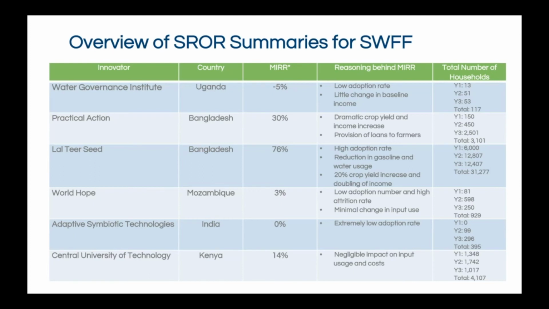But Saad, do you want to add to that? From your perspective, which innovations had bigger socioeconomic and environmental impacts? I would say it would be kind of correlated with the MIR. So if in this chart you see, with Lal Tiersi, they have a very high MIR, and their big impact was a huge reduction in gasoline usage.